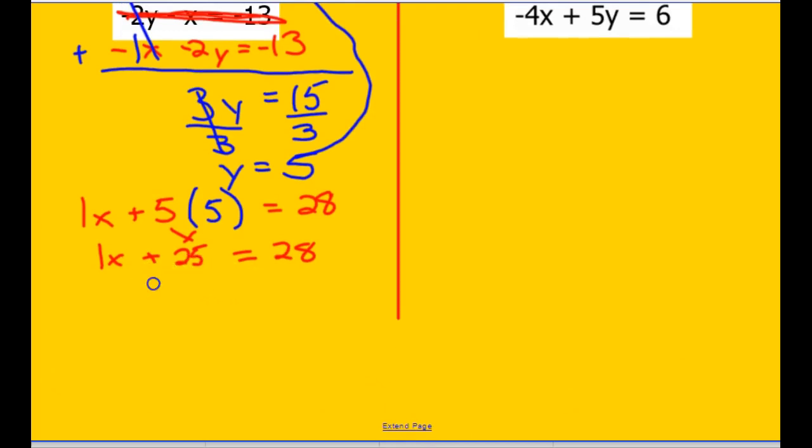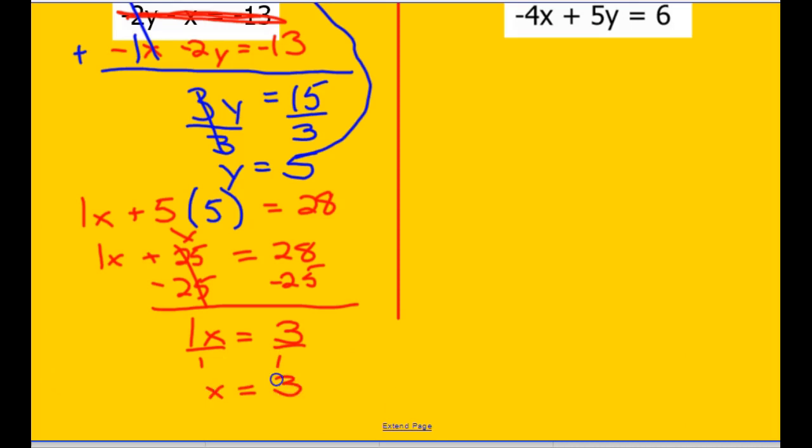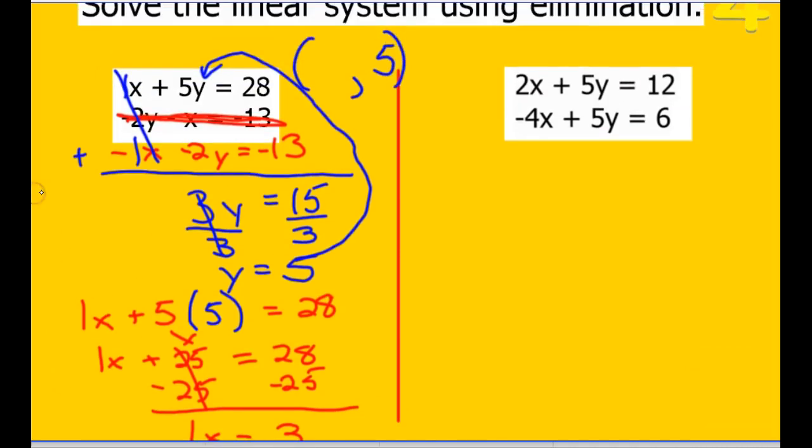Trying to get x by itself, so we subtract 25 to eliminate it. Got to bring it over to the other side. And we get 1x equals 28 minus 25, that's 3. Divide by 1, divide by 1, x equals 3. So our solution then is 3, 5.